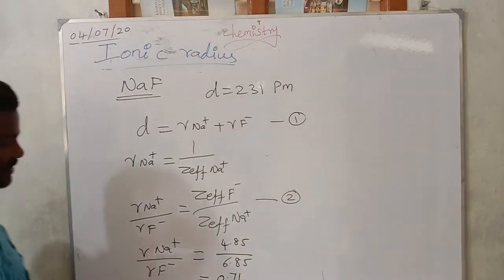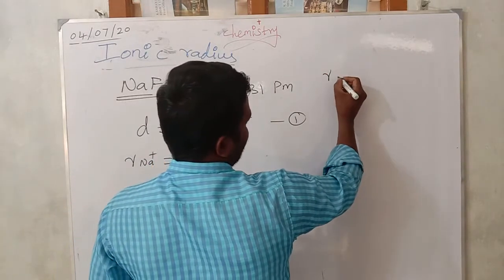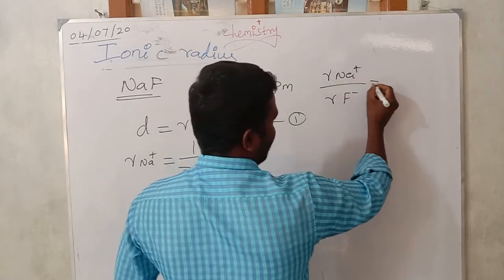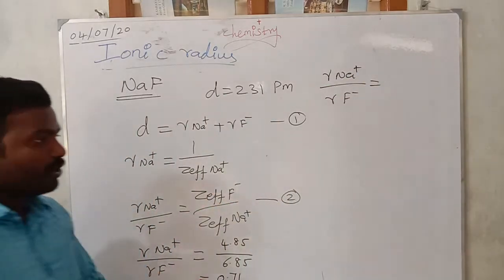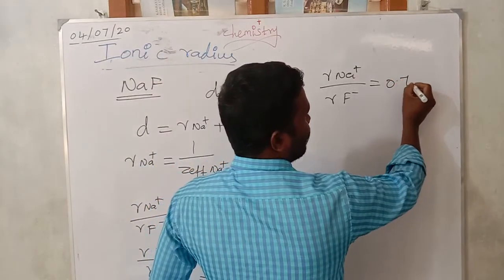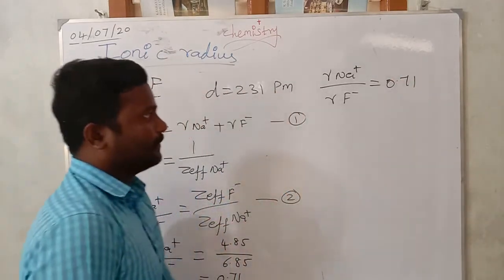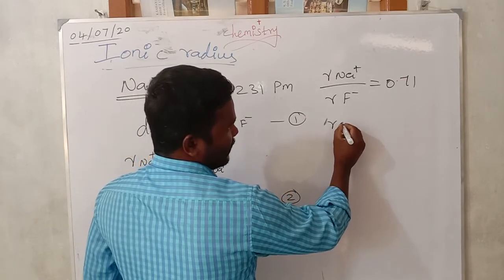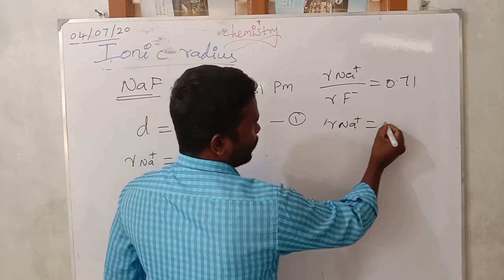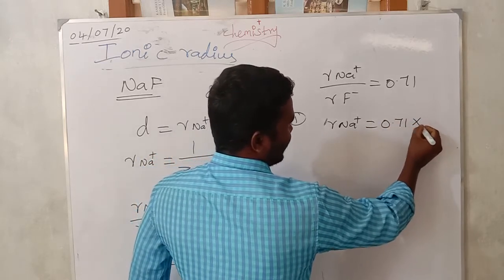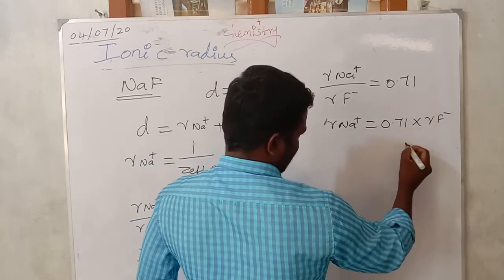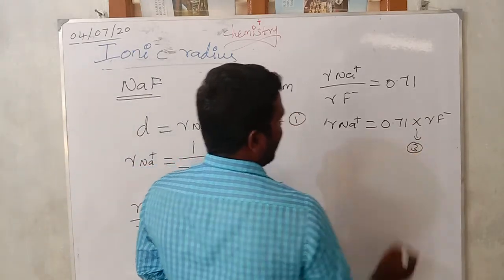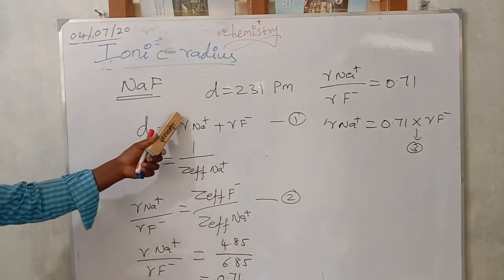Okay, my dear, by using this relation, we can find the radius of either ion, right? How do you rearrange this formula? First you write again, the radius of Na plus divided by the radius of F minus is equal to 0.71, right? Now you rearrange it. So the radius of Na plus is equal to 0.71 times the radius of F minus. This equation 3 we apply in equation 1.